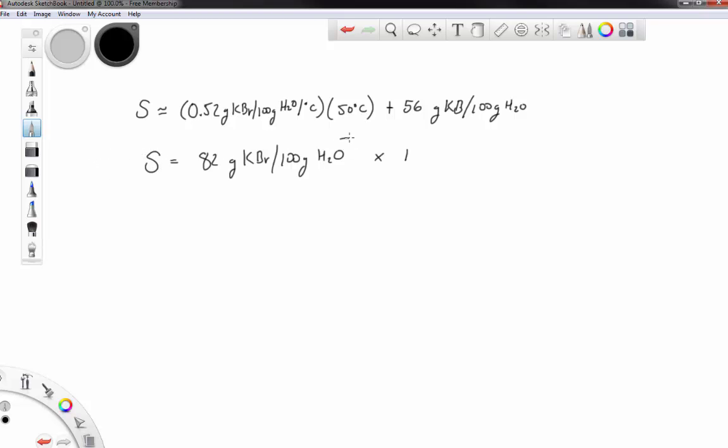So you're taking this number right here and multiplying it by 100 grams of H2O, and for lack of a better thing, we'll just call this parameter D for amount dissolved. And so you see there's a per 100 grams H2O and there's a times 100 grams H2O. And so you just end up with the amount dissolved is 82 grams of KBr, of potassium bromide, that is.